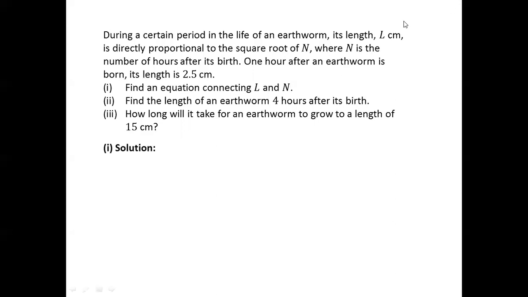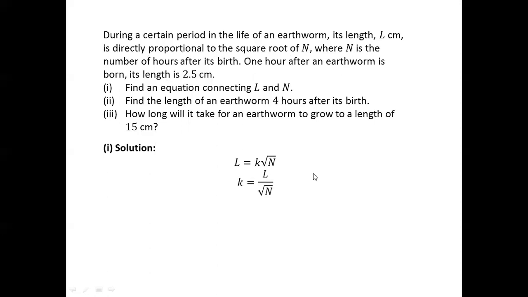Again, we begin with translating the statement into an equation. It says here that L is directly proportional to the square root of n. So L equals, directly proportional, so k times square root of n.